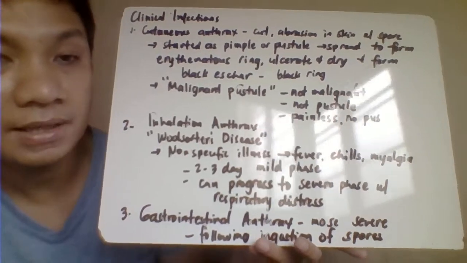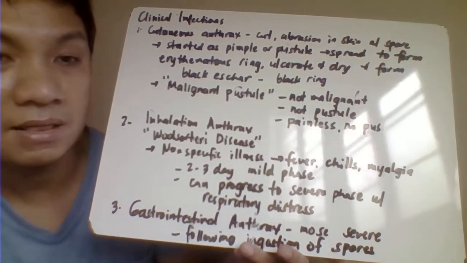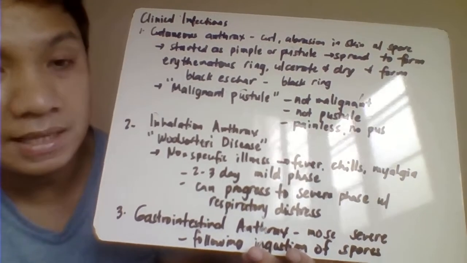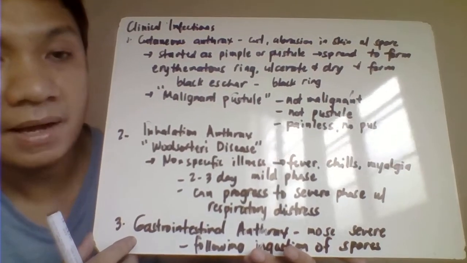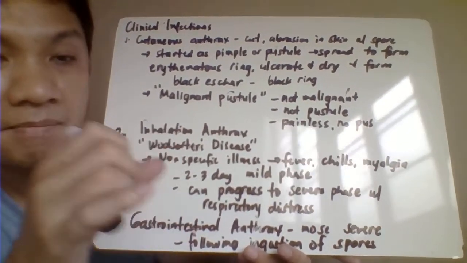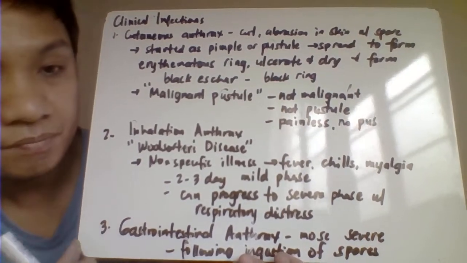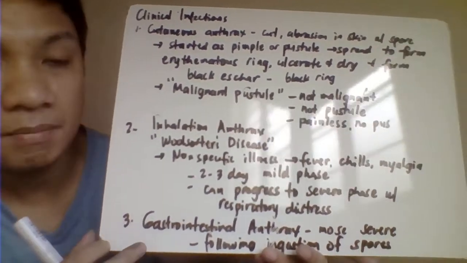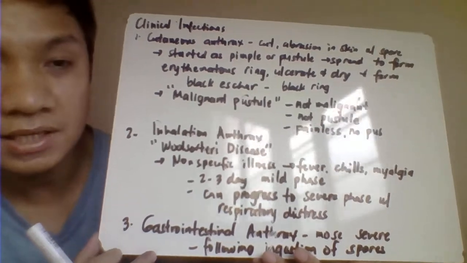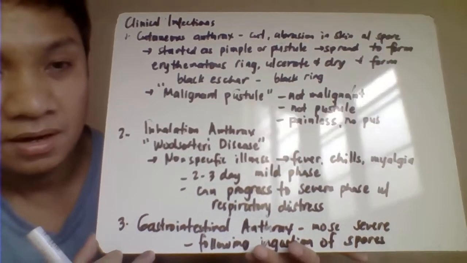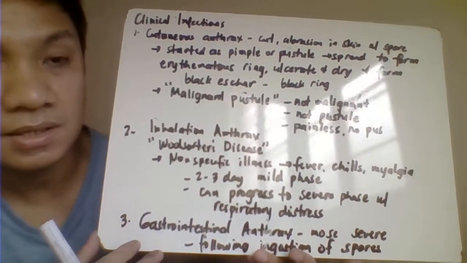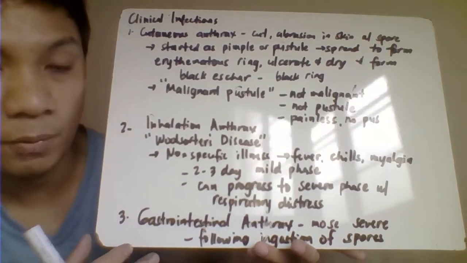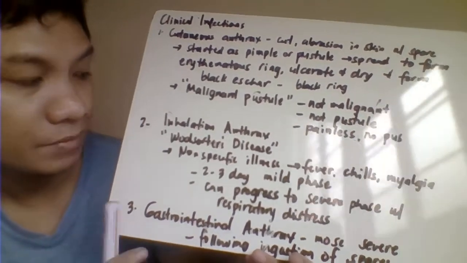Later on, it dries, ulcerates, and produces the black eschar, a scar with a black center. You call that a malignant pustule. Actually, it is not malignant and not a pustule, because this one is painless, and there is no pus formation, no WBC, no nana.